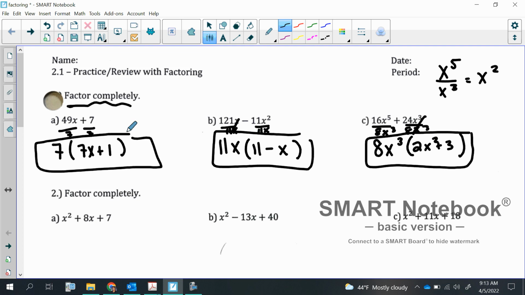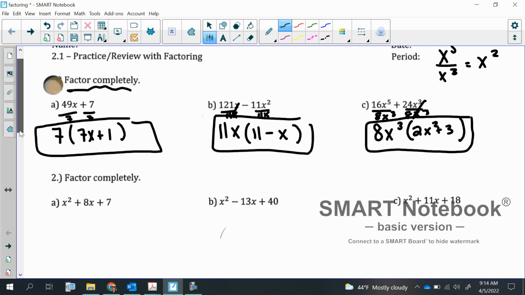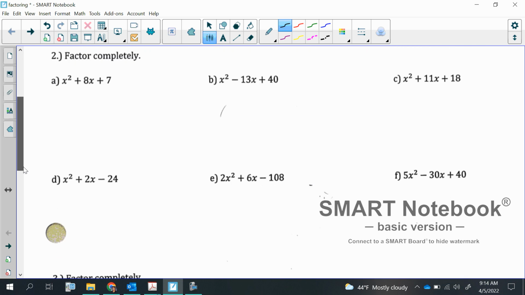So when you have a binomial, so two terms, that's what you're going to do, okay? Number 2. We call this a trinomial because it has three terms: an x squared, an x, and a number term. So this is basically in standard form like we've been talking about with our graphs.